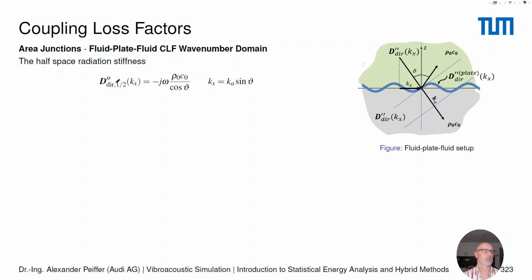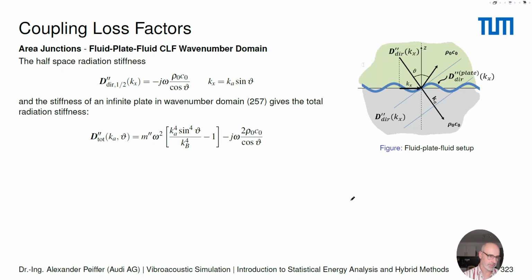Again, we use the transmission radiation stiffness in the wave number domain, now given by an angle, which looks like this. It could be two different fluids, but it doesn't necessarily have to be. We sum up all the stiffnesses, using this stiffness and the stiffness of the plate, and we get this expression here.